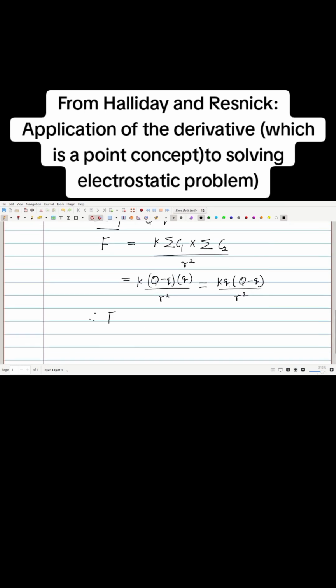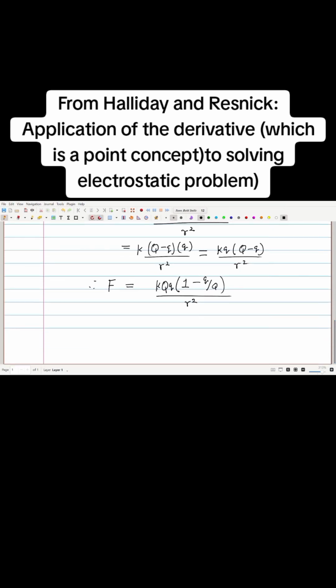And therefore, F is equal to, factoring out uppercase Q, kQ squared, and we are left with 1 minus q over uppercase Q. This can be written as kQ multiplied by lowercase q, everything over r squared.